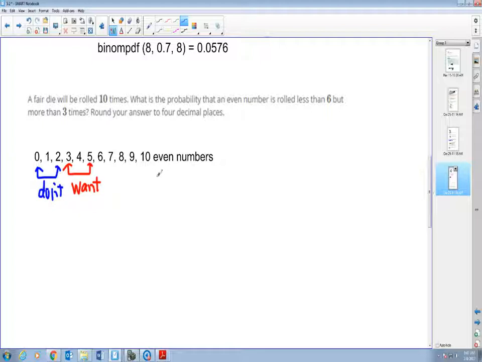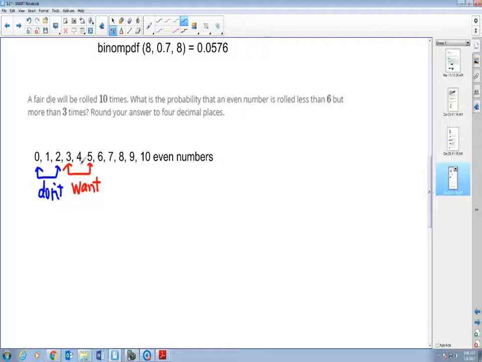I purposely roll all the way up to 10, but if you really focus on what you wanted, it is 3, 4, and 5. What you don't want is 0, 1, and 2. So what you can do is figure out what you don't want and subtract it from 1, and that will give you what you wanted.